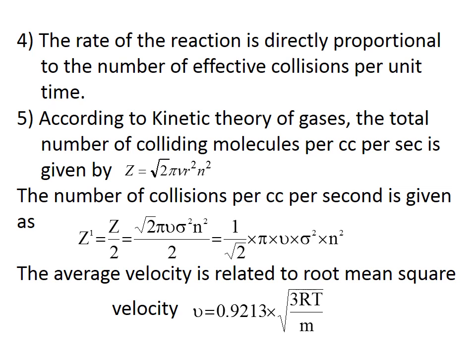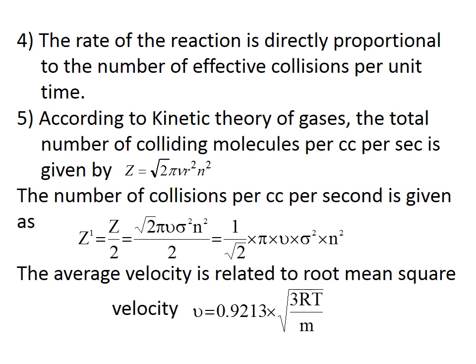According to the kinetic theory of gases, the total number of colliding molecules per cc per second is given by Z equal to root 2 pi v sigma square N square. The number of collisions per cc per second is given as Z dash equal to Z by 2, which is root 2 into pi v sigma square N square by 2.